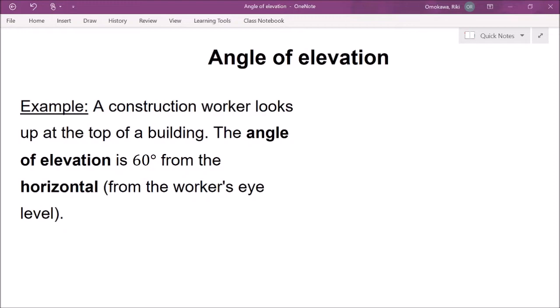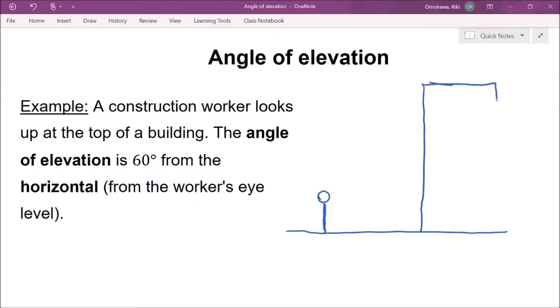So looking from the side, here's our worker, and he's standing on the ground. And then we've got the building, and he's looking up at the top of the building, right? So he's looking this way.